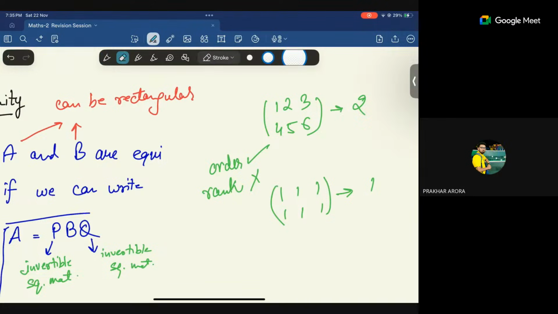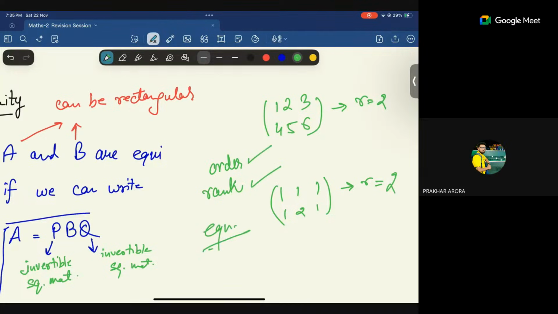Now let's make one more change here. Now you will check that this rank is 2 and this rank is also 2. Now the order is the same, the rank is the same, and these two are equivalent matrices. Is this clear?